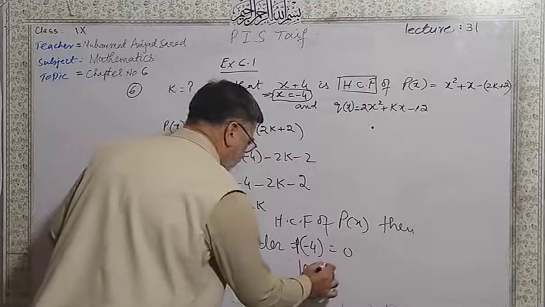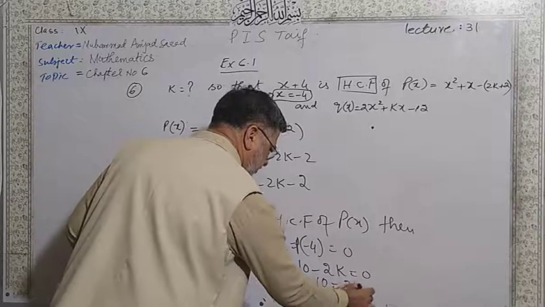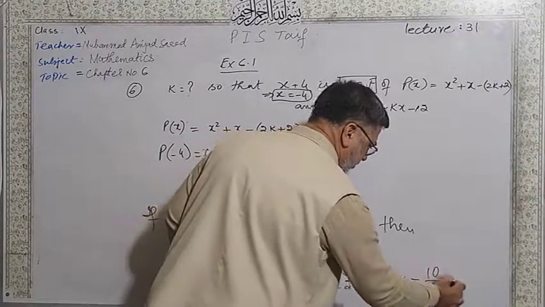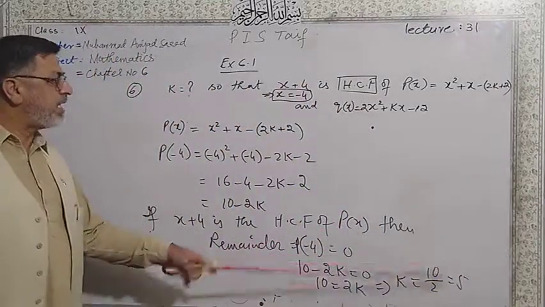So 10 minus 2k is equal to 0, and 10 is equal to 2k, which implies that k is equal to 10 by 2, that is 5. So you have the value of k as 5.